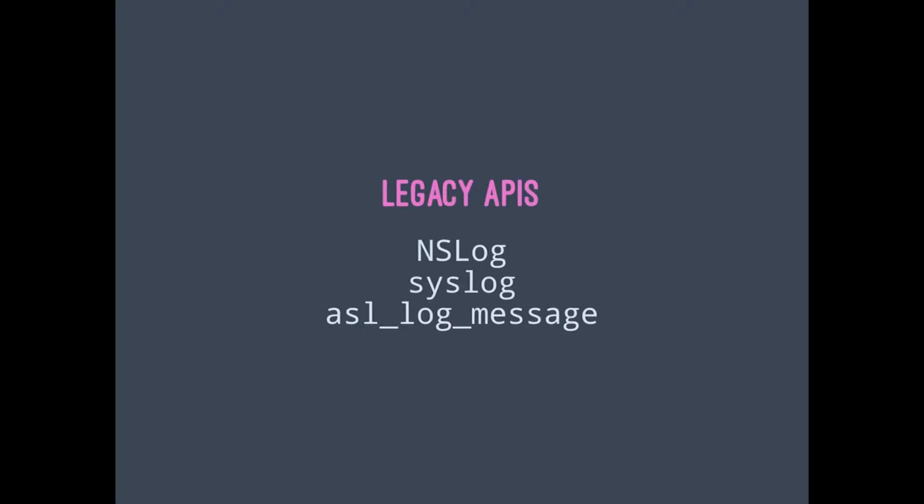All of the legacy APIs, as I mentioned, are now redirected to this new unified logging system. So if you build your app using the 10.12 or above SDKs, by default it will use the new unified logging. You may continue to build by targeting 10.11 or earlier and continue to use those older syslog style systems as well.